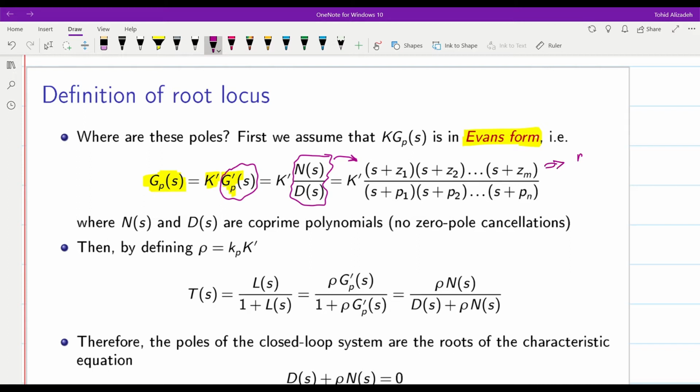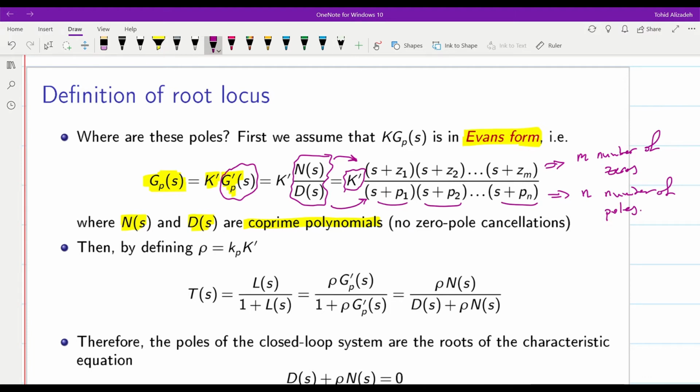So we have m zeros, and d is in the form of s plus p1 times s plus p2 up to s plus pn. So we have n poles. K prime is taken out in this form. We also assume that n and d are co-prime polynomials, so there are no zero pole cancellations.